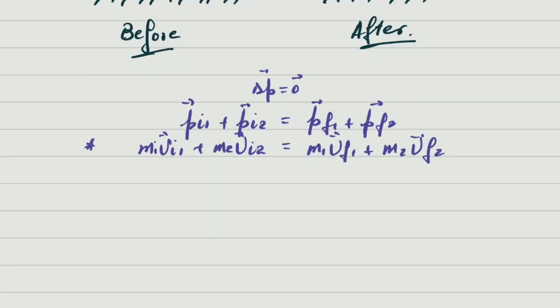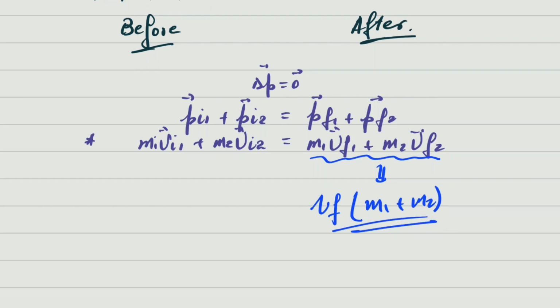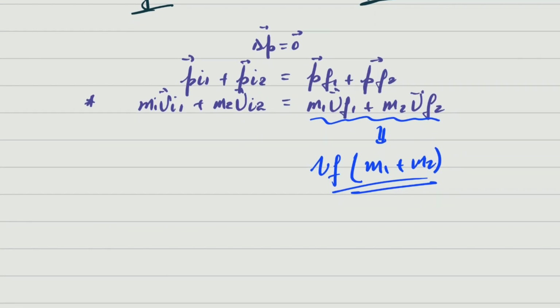Okay, so let's substitute what we have. Note the following, guys. The final velocity here is a common factor because you can see that they are moving at the same final speed, and then you can add the masses 1 and 2. You can do this at this point, or you can just substitute everything.